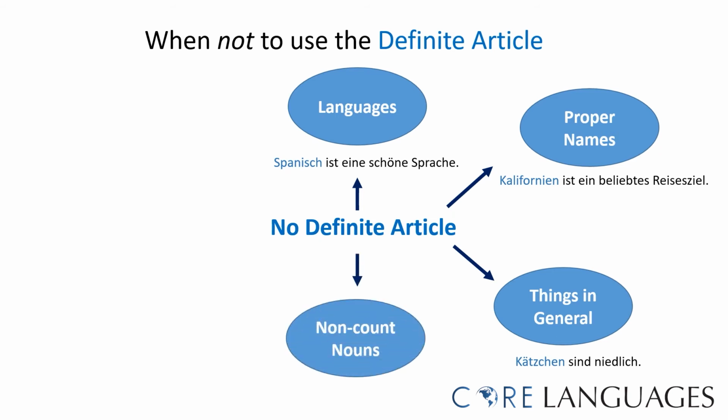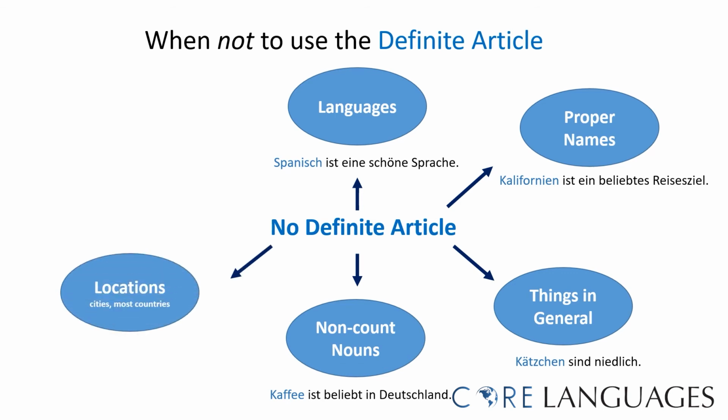We don't use the definite article for non-count nouns or uncountable nouns. For example, Kaffee ist beliebt in Deutschland. Coffee is popular in Germany. We don't use the definite article for locations, cities, and most countries. For example, ich wohne in Frankfurt.